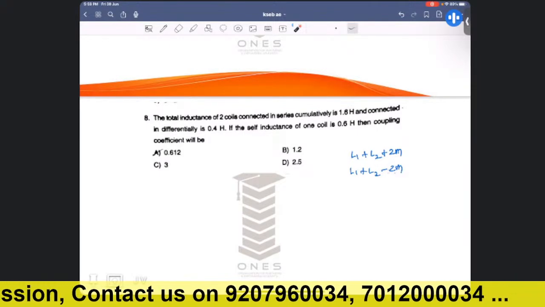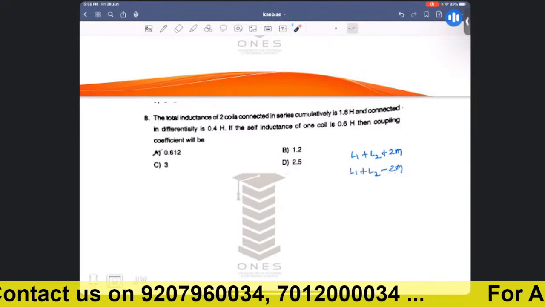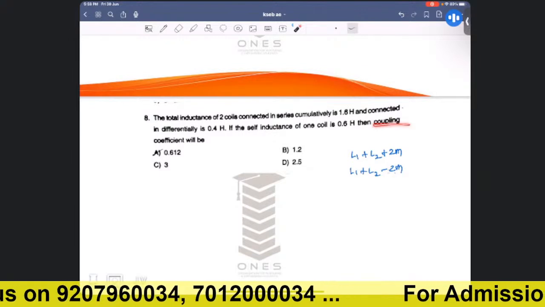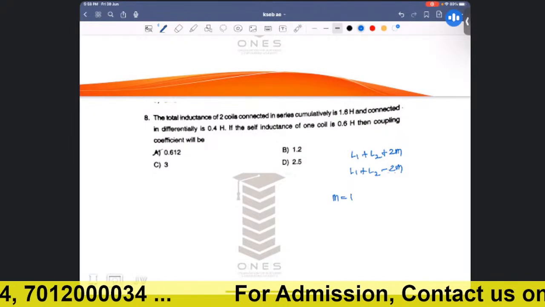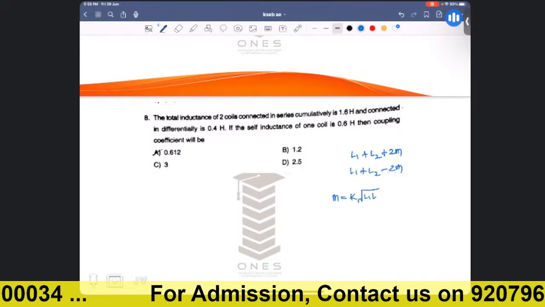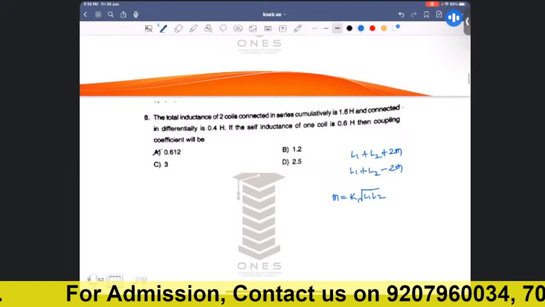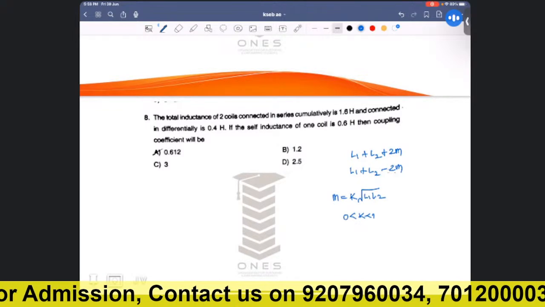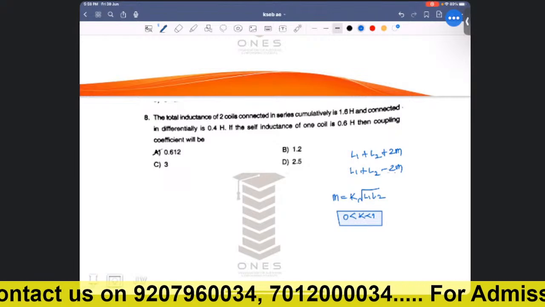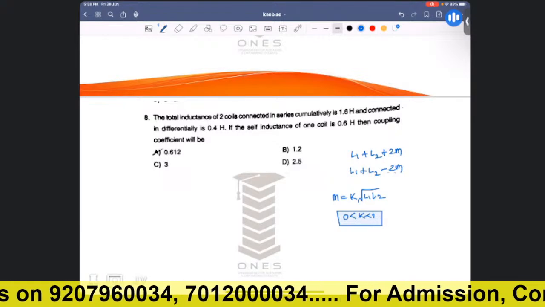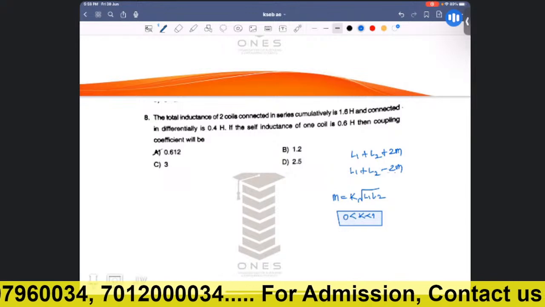But if we look carefully, there is no need to solve this question. Why? Because he is asking the coupling coefficient K. M is equal to K root L1 L2, and we know the value of K is always between 0 and 1. The coupling coefficient is a value that lies between 0 and 1.